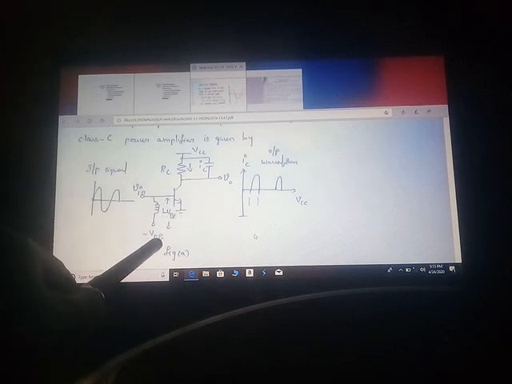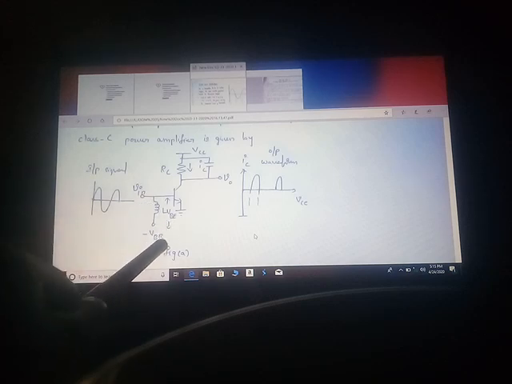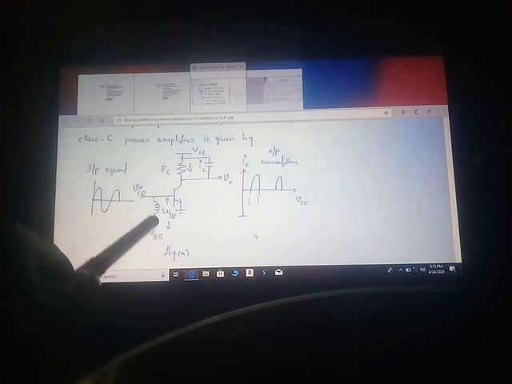According to the nodal analysis, the voltage present in this node must be equal to the voltage in this node, but here VBE is equal to minus VBB. That is one difference, that is V in will be the VBE or minus VBB.